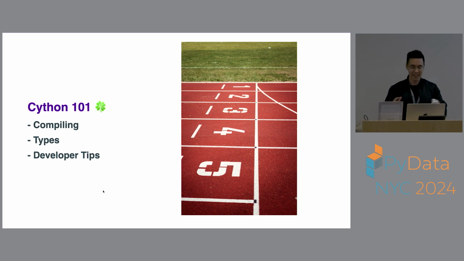Having types means compilers understand the types coming in, which has benefits I'll talk about. And lastly, I'll talk about some development tips, the ways I develop with Cython and how to be efficient working in the language.